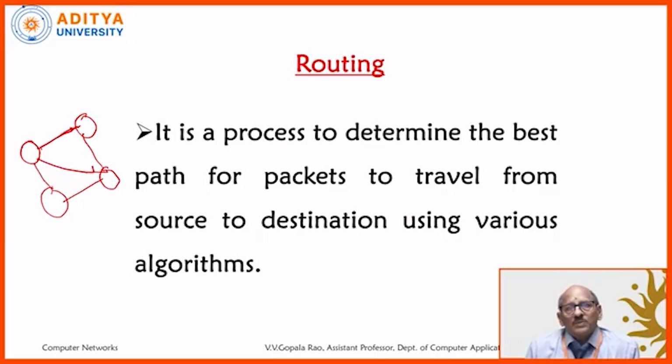So routing is a process of determining the best path for packets to travel from source to destination using various algorithms. Here there are routers, let us say A, B, C, D, as I am showing in the figure, and A can release the packets to reach the destination, which can be B or C or D. Router A can transmit the packets in every possible direction in the network.